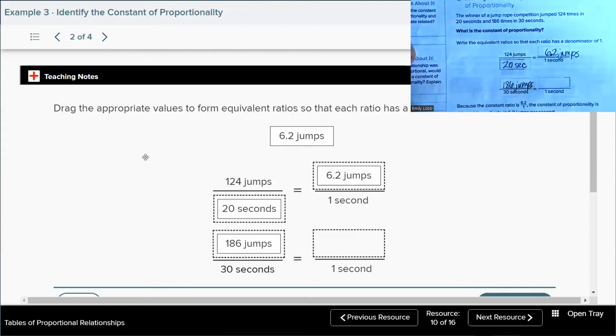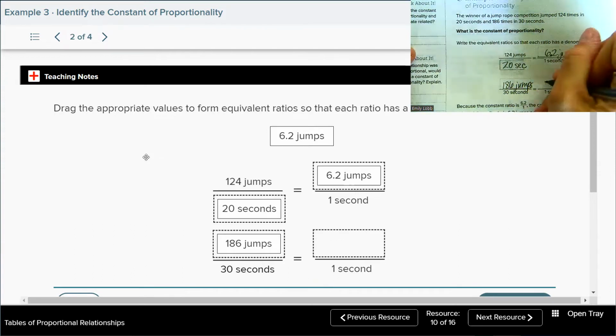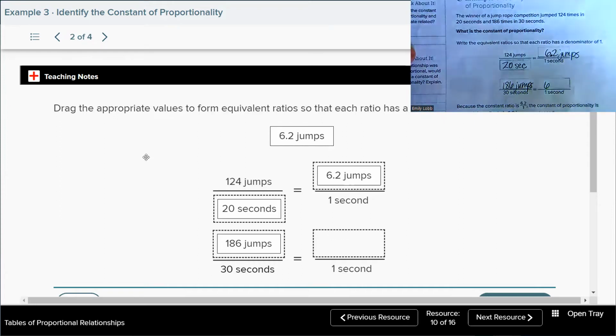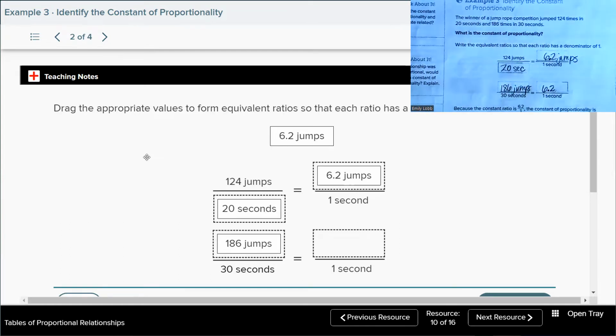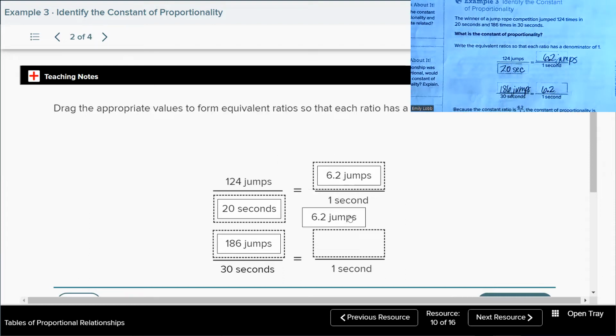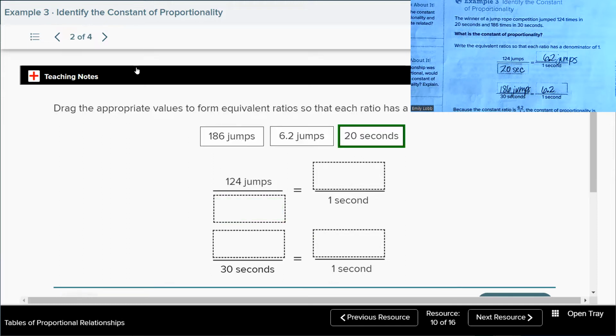If I'm dividing 186 by 3, I'm saying 18 divided by 3 is 6. 6 divided by 3 is 2, and then when I divide it by 10, I'm moving the decimal place over once to the left. So this is also 6.2 jumps per second, okay? I'm just going to reset for my next one.